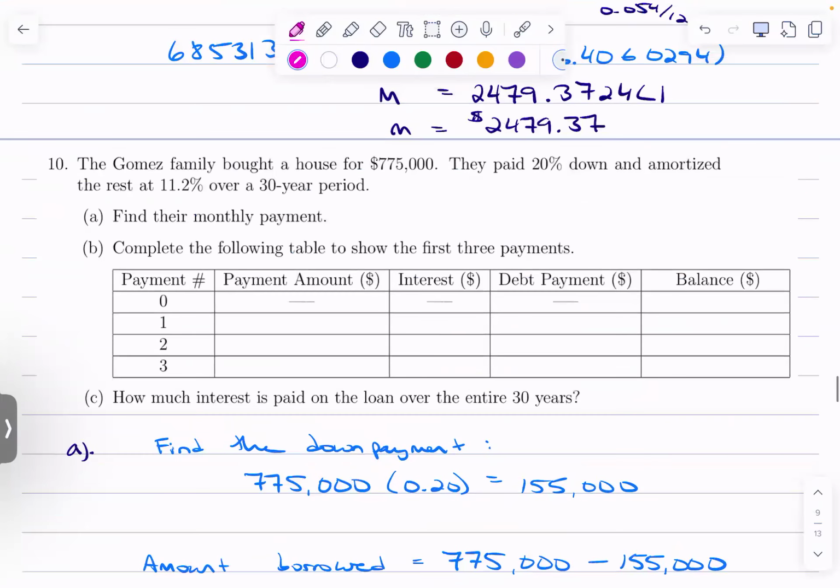And we're given some other information here. We have the rate, which is quite high, 0.112. T is 30. And we have a monthly payment, so N is 12.